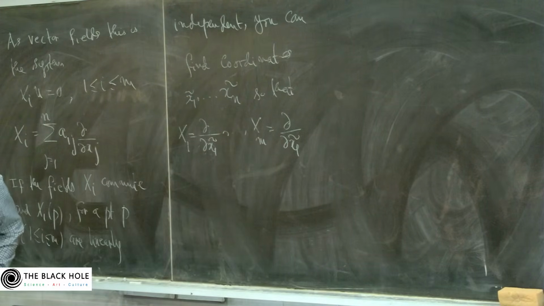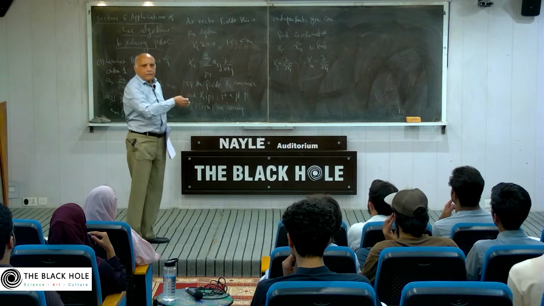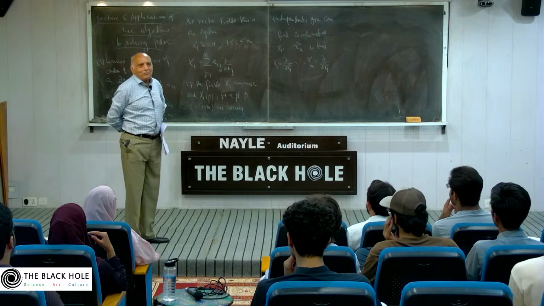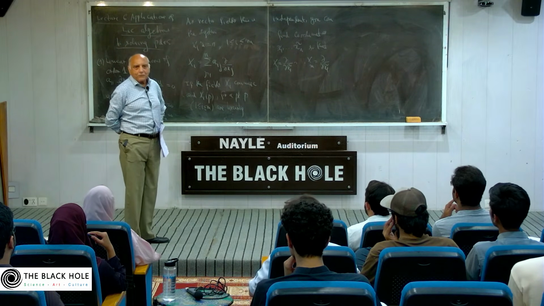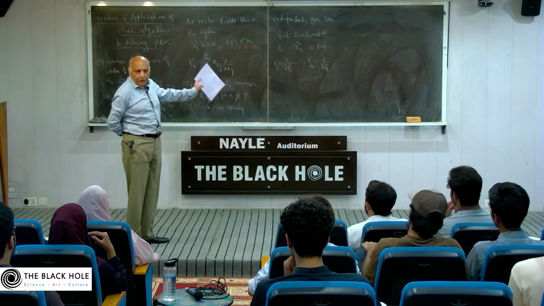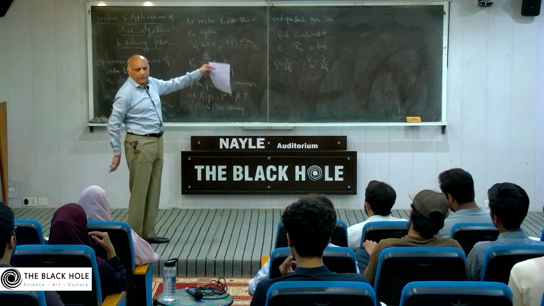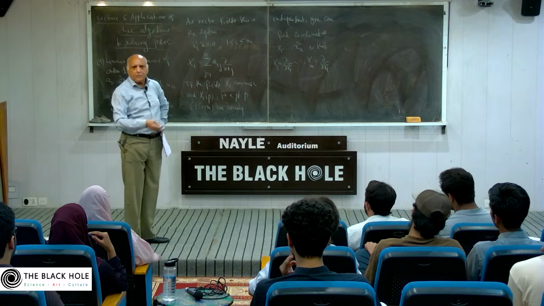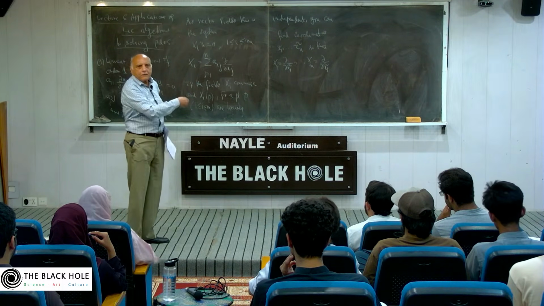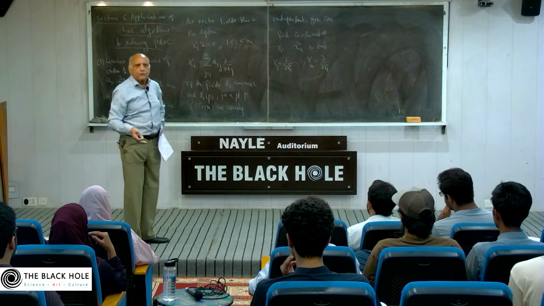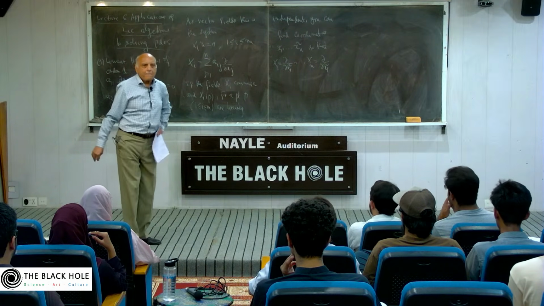Okay. So what does your system now become? Partial u tilde by partial x1 tilde equals 0 and partial u tilde by partial xm tilde is equal to 0. So what's the solution of this system?